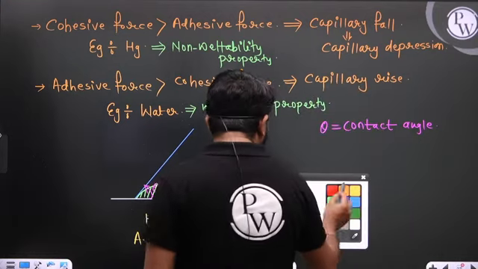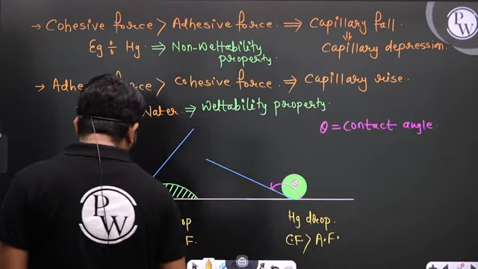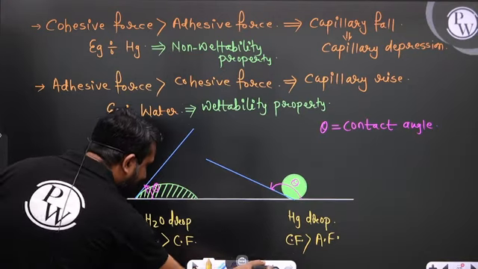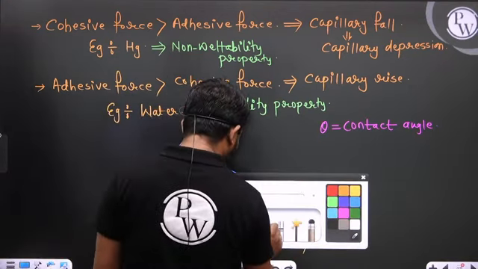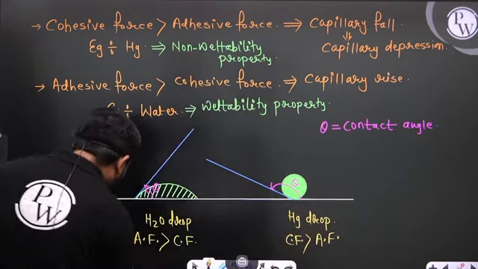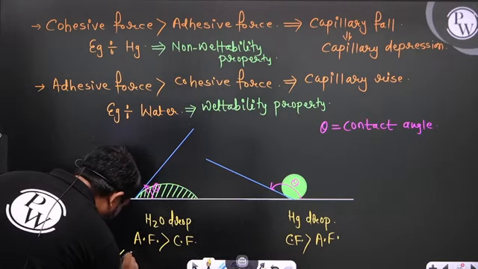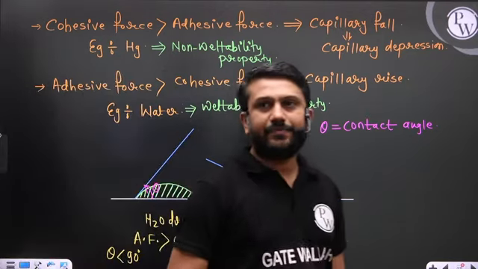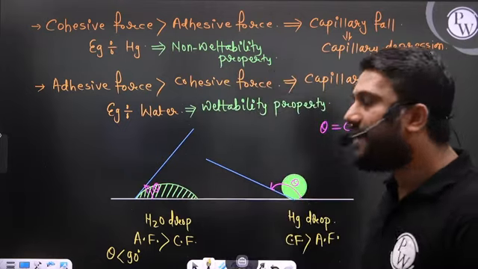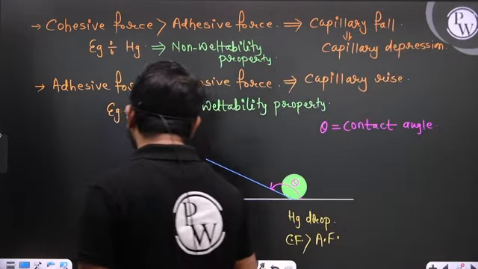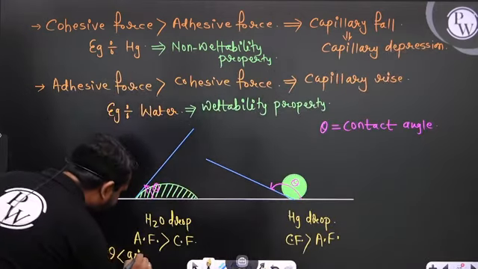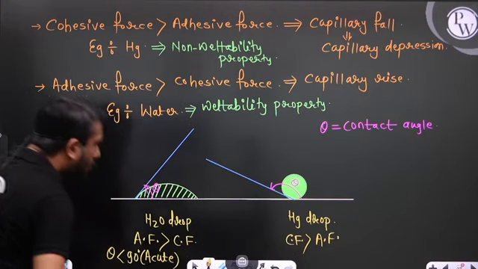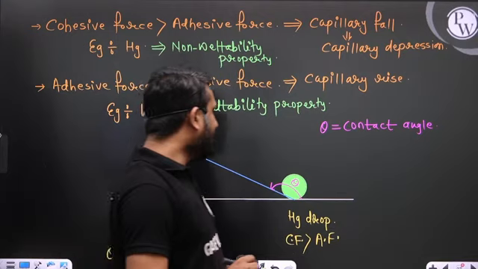In this case, that theta value is less than 90. That means for a liquid having wettability property, the contact angle is an acute angle.